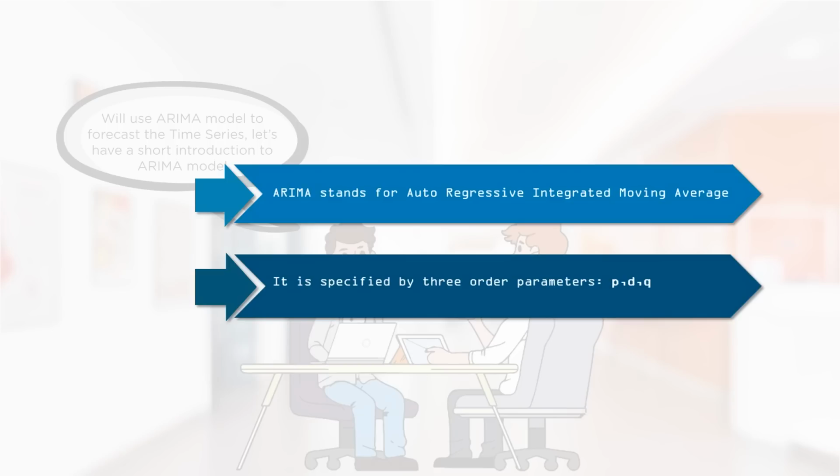And it is specified by 3 parameters, which is P, D, and Q. So there are 3 components here: autoregressive, integrated, moving average. These 3 parameters correspond to those 3 components. So the P stands for autoregressive, D for integrated, and Q for moving average.